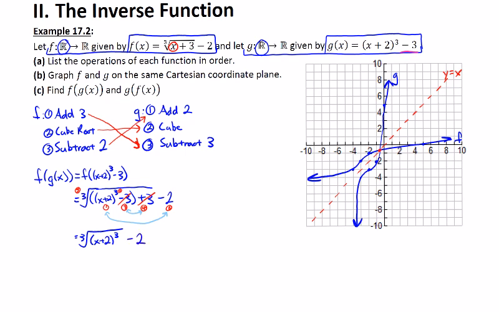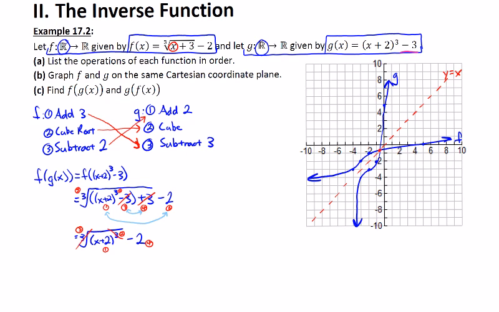So if I do that same exercise, think about what's the order of the operations, then the first step would still be the x plus 2, second step is still the cubing, but now the third step becomes the cube root, and the fourth step becomes the minus 2, in which case the cube root and the cube are inverse operations of each other, and they're right next to each other in our order.